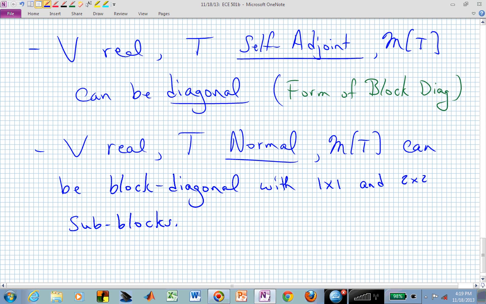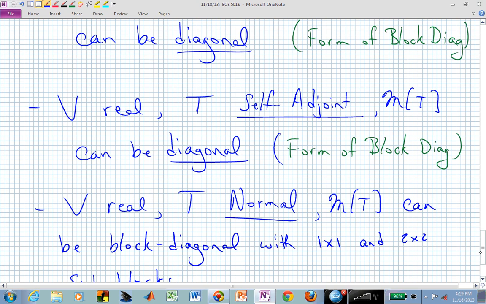So those are sort of our ways of finding or obtaining these block diagonal matrices.